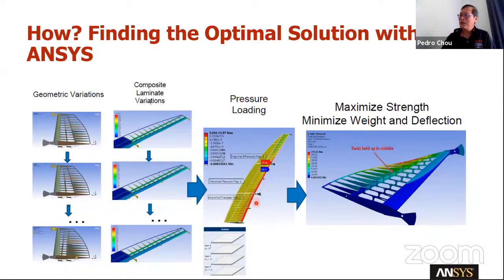Then you apply the pressure and optimize the strength of the sail, so that you can have a certain deformation within the allowable stresses, so that you can optimize again transferring the wind force or pressure into velocity or speed of the yacht.